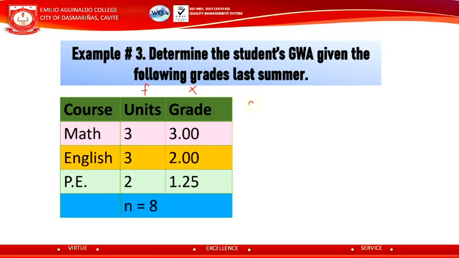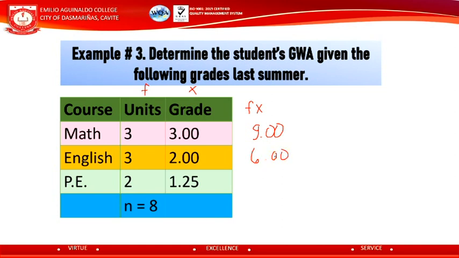So we're going to create another column again, and this is where we will get the summation for us to be able to get the mean or the average of that student. So we have 3 times 3.0, it will give us 9.0. We have 3 times 2, it will give us 6.00.